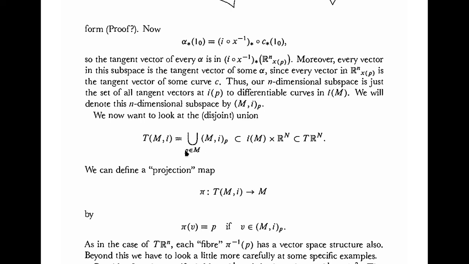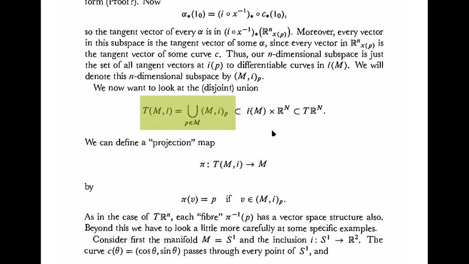So at each point P, you get this subspace, and you take the disjoint union of all of those, and you get this. Then you have a projection map pi going from this disjoint union to M, the manifold M, and what it does is take a tangent vector and map it onto a point, right? If you recall, this is exactly what a bundle is.